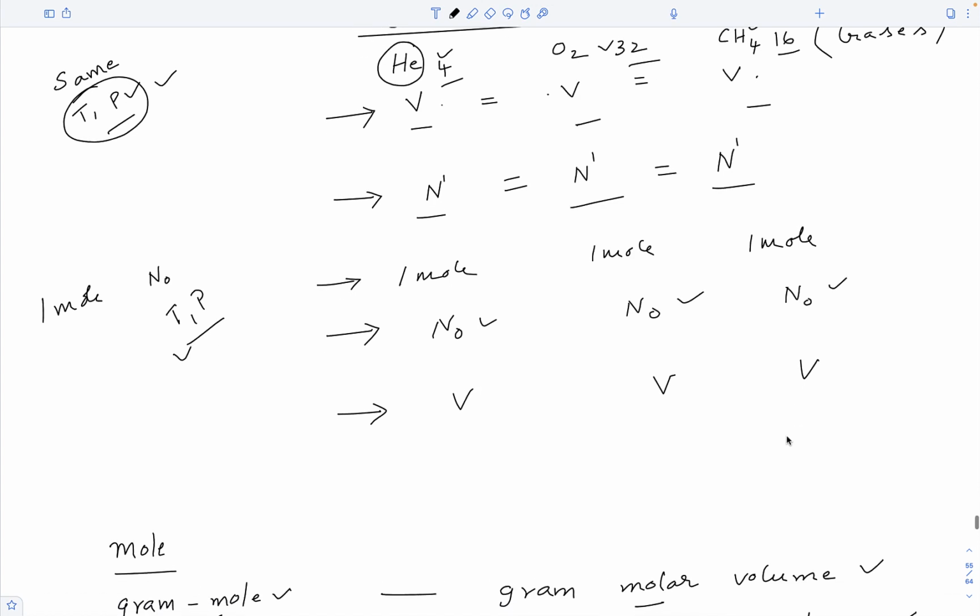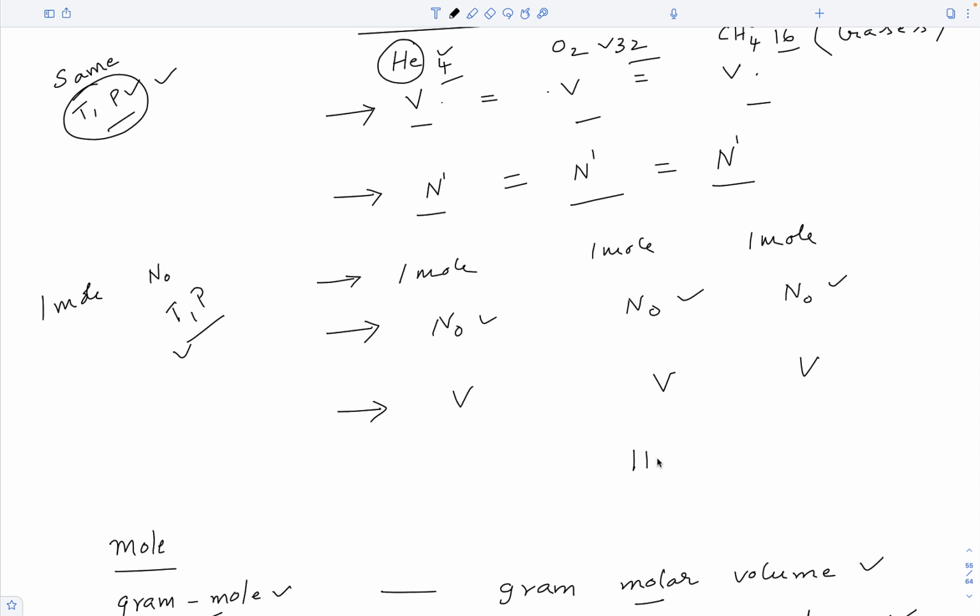And it could even be a mixture of non-reacting gases. You take a mixture of helium and oxygen that contain the same number of molecules as a sample of methane, then these two samples would have the same volume if the total number of molecules in this mixture is equal to the total number of molecules in methane.